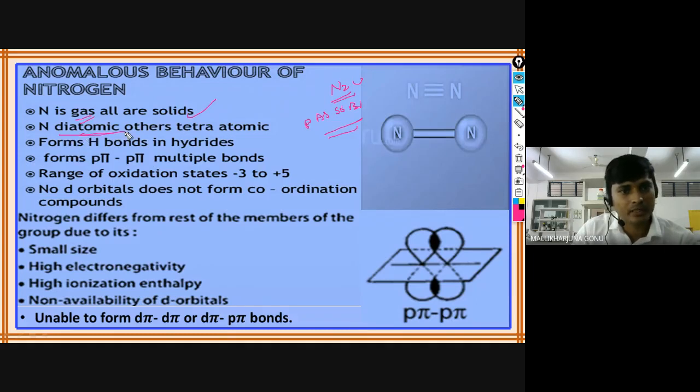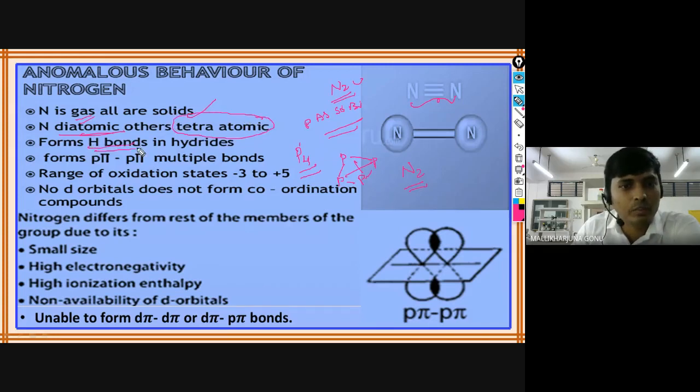Nitrogen is diatomic, existing as N2. Whereas other elements, for example phosphorus, can exist as P4. Red phosphorus, white phosphorus, different phosphorus we have seen, right? These have tetraatomic structures. Nitrogen is diatomic, but others are tetraatomic.